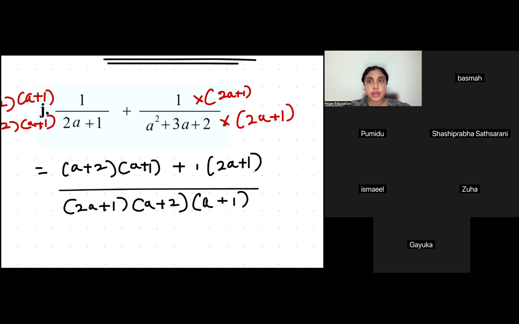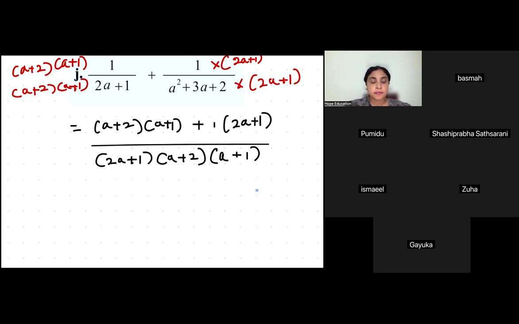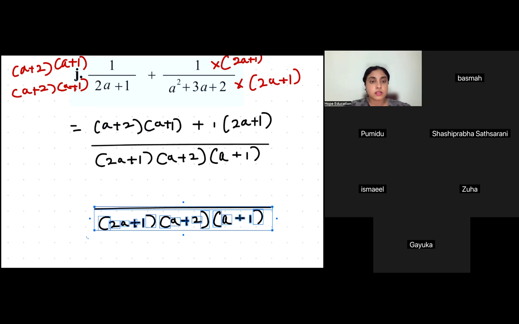So here we have a plus 2, a plus 1, we have to multiply. Right now we know how to multiply these kinds of binomial expressions. A times a, we get a squared. A times 1, we get 1a. 2 times a, we get 2a. 2 times 1, we get 2.